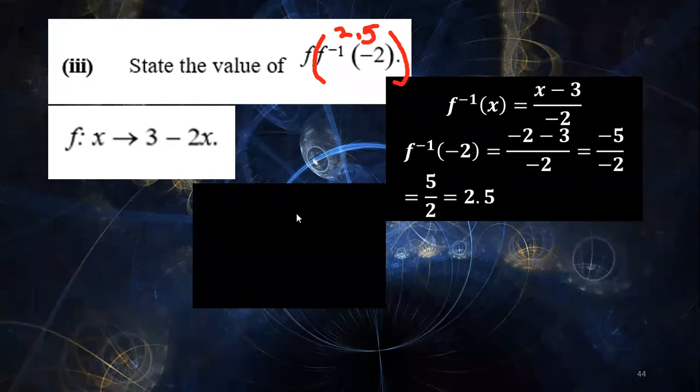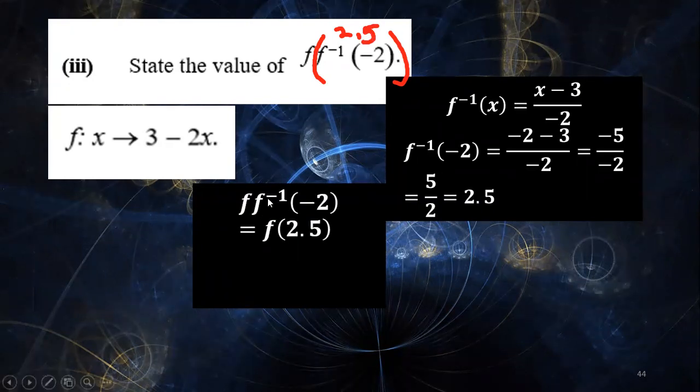Which brings me to my next statement. I'm going to say f of f inverse of -2 is simply f of 2.5. What is f of 2.5? I'm going to put 2.5 into f of x, which is here. So this is f inverse of x, which we got to be 2.5. Knowing that f inverse of -2 is 2.5, it's going to be f of 2.5.